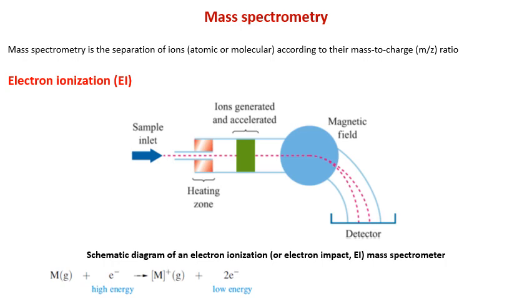As you can see, the compound may be solid, liquid, or gas, and it is introduced into the instrument. This sample inlet is where the sample is injected. This is the heating zone, where the sample is heated and vaporized.